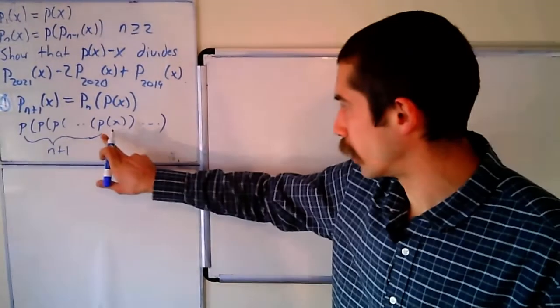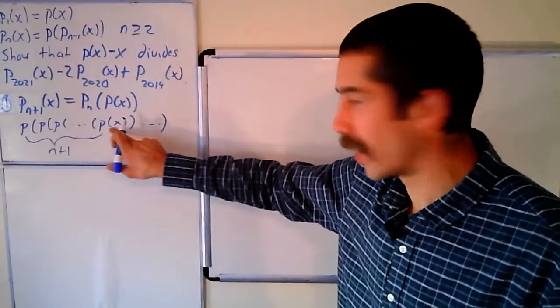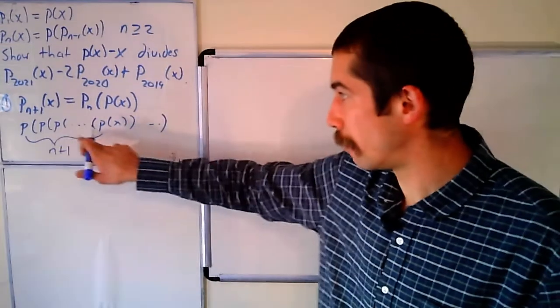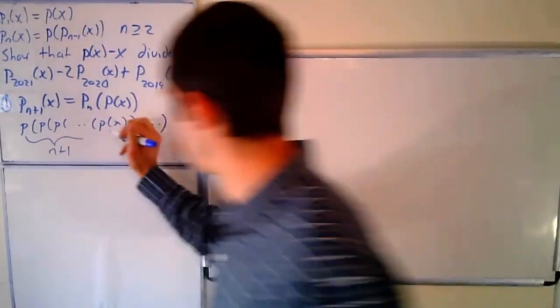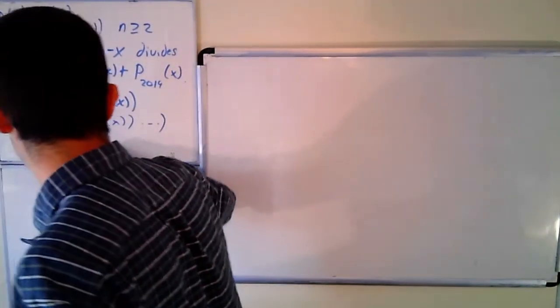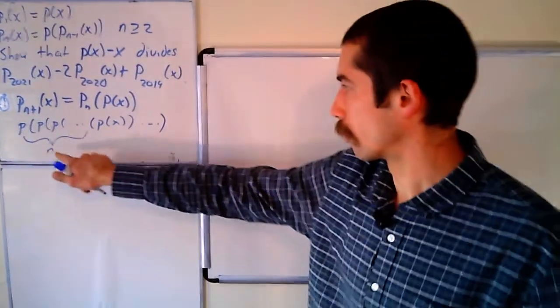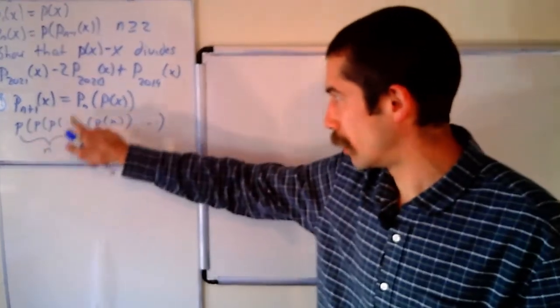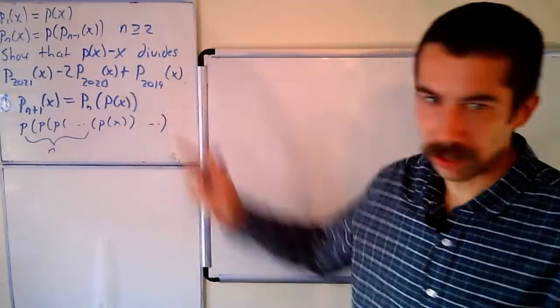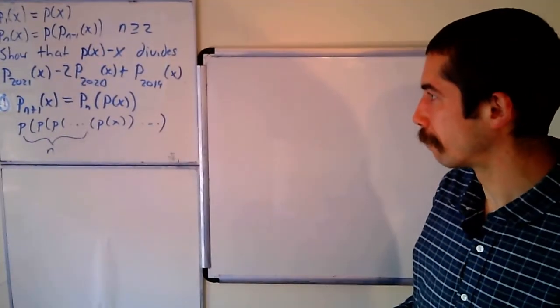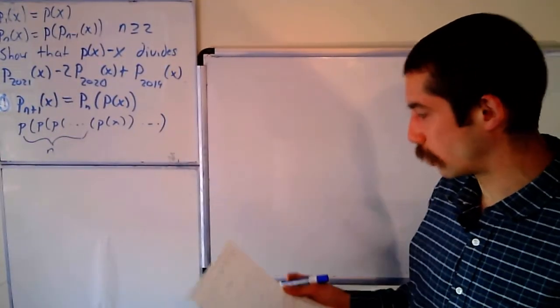But notice if you ignore this inside term, there's n p's. And so that's going to be p sub n composed with p of x.